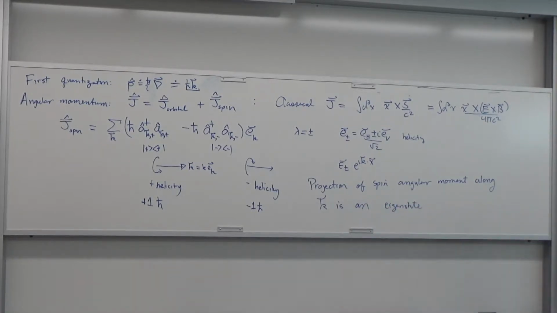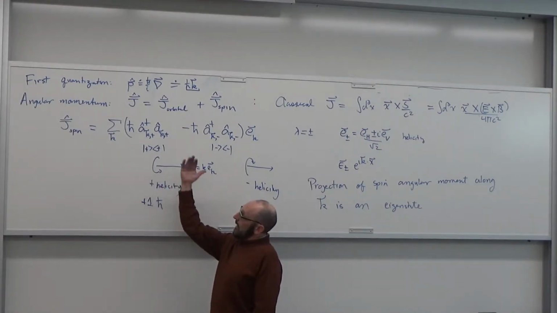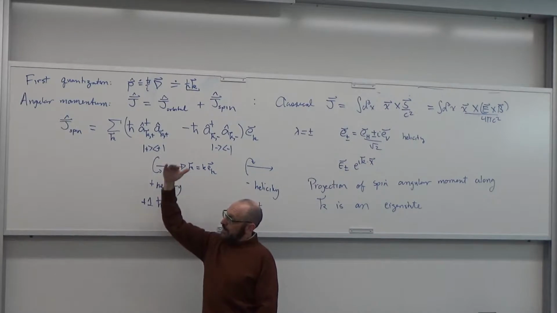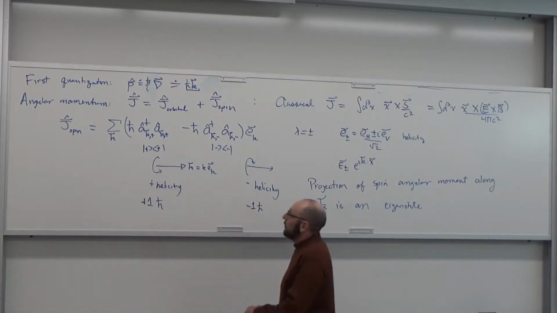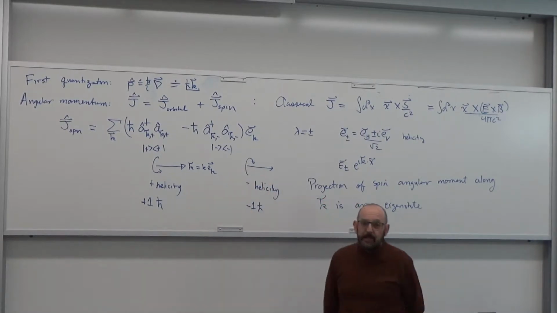These are eigenstates that have a definite spin angular momentum relative to the direction of propagation. Okay. And we either have plus one h bar along k, which corresponds to the polarization vector rotating with the right-hand rule like that, or we have minus one h bar if the polarization is rotating like that.